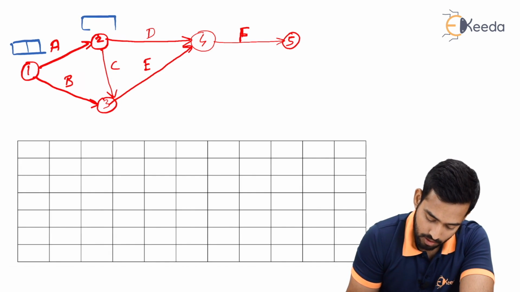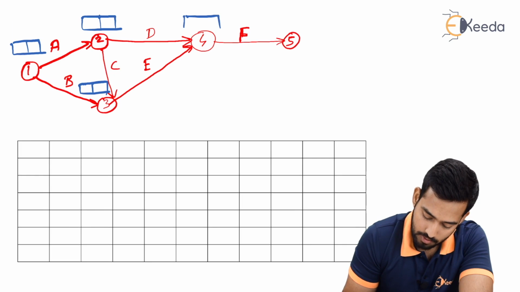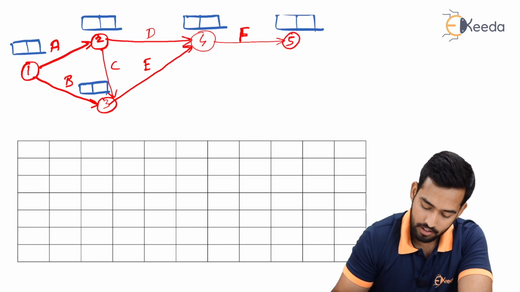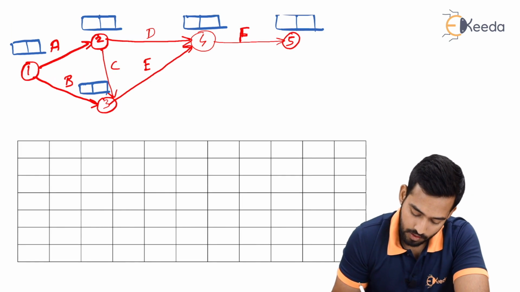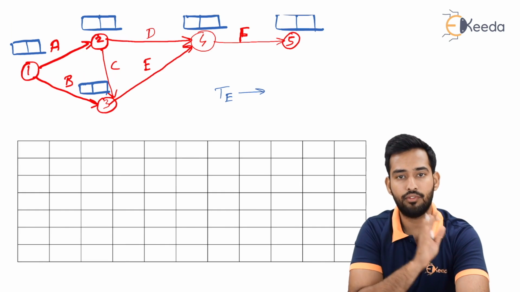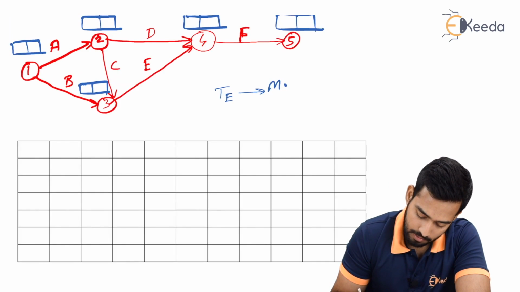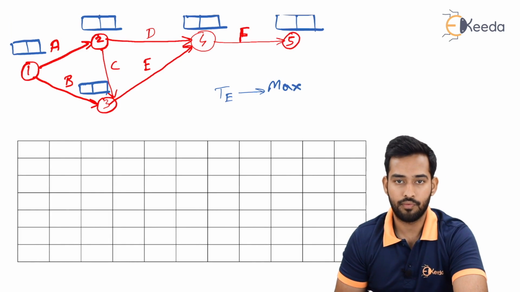If you have seen the previous videos, you can easily do this, in which I have explained how to calculate TE and TL at each point. For you guys, I will write it again. While calculating TE, you have to go from left to right and take the maximum value.